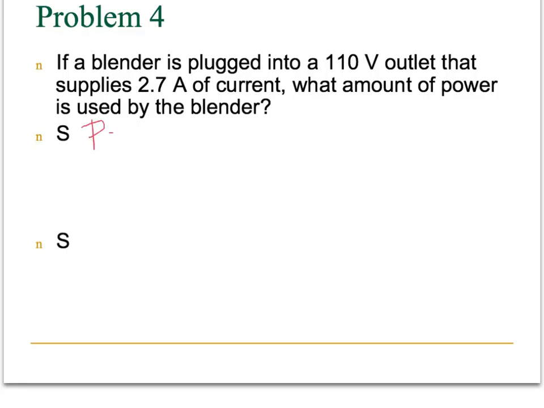P is V multiplied by I. So therefore, V is 110 and I is 2.7.